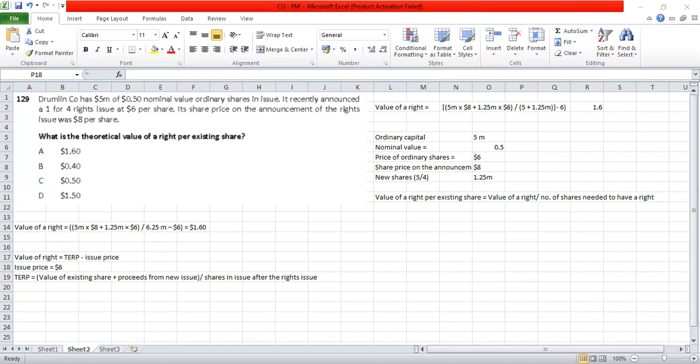So how many shares are needed to have a right? It says that the right is possible only when there are 4 rights. One share would be issued when there are 4 shares existing with the shareholders. So now we have the value of right calculated here as 1.6. Do you see that?